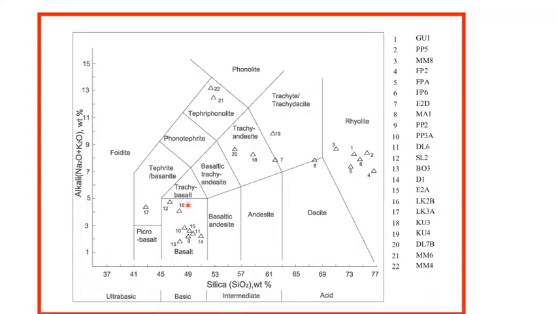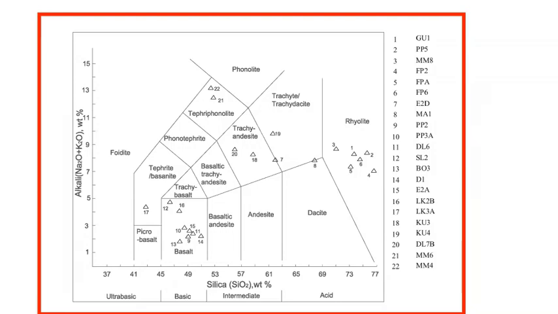Now, what happened? I'll just show that. These are the dikes. I told you near Lakhna there are dikes which we have named the Lakhna dike swarm. There are several dikes there, north-south dikes and east-west dikes. Those dikes we analyzed.